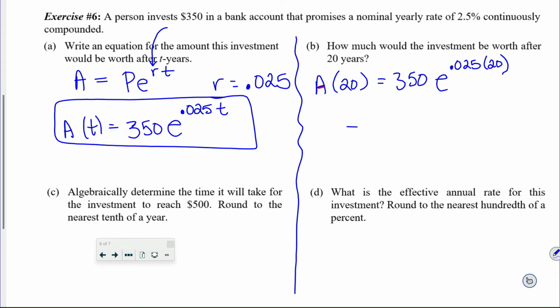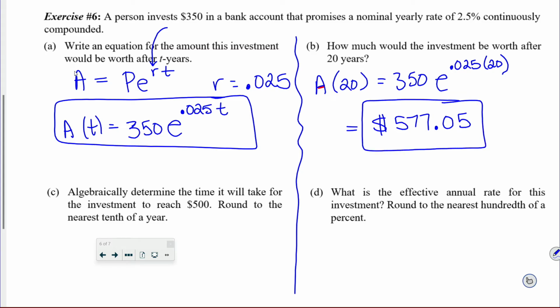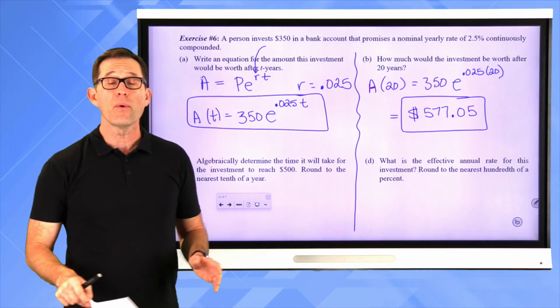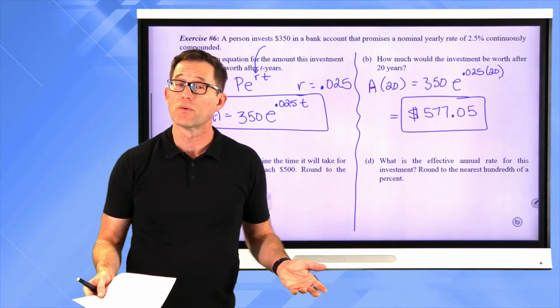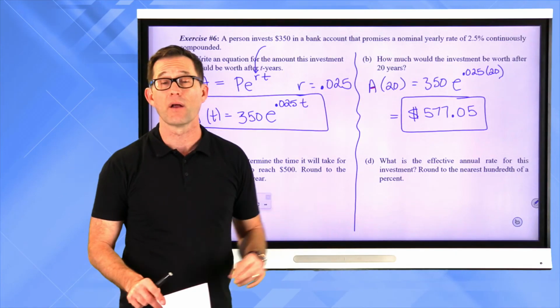You should be able to put all of that into your calculator all at once, no intermediate steps. What you will find is a very messy number, but if you round it to the nearest hundredth, which is appropriate with money, we would get $577.05.